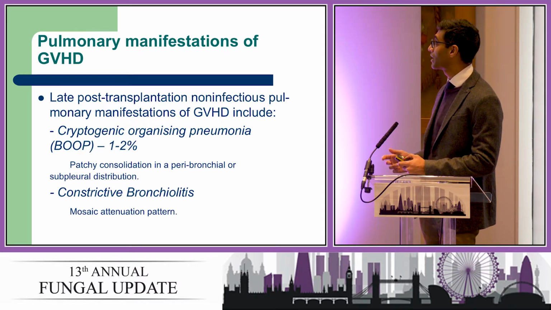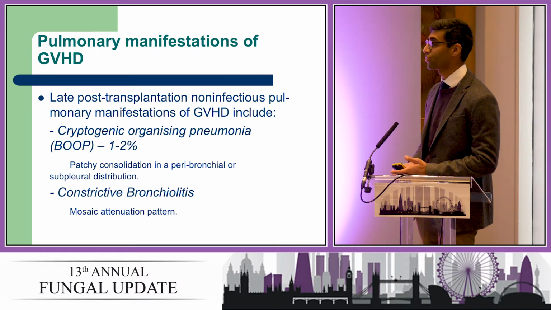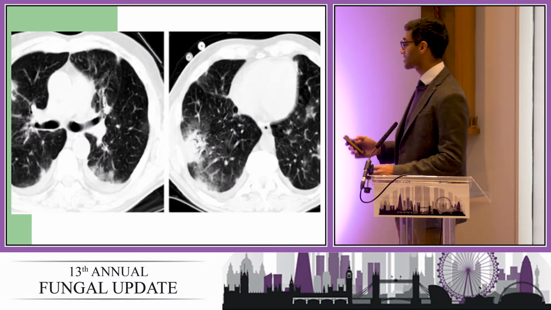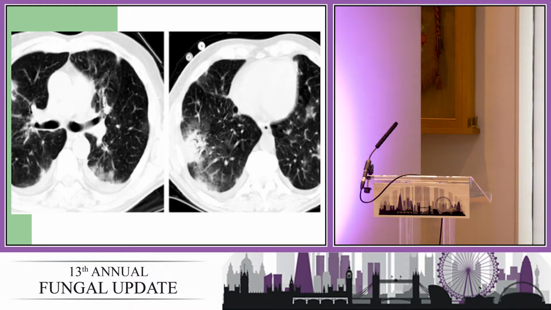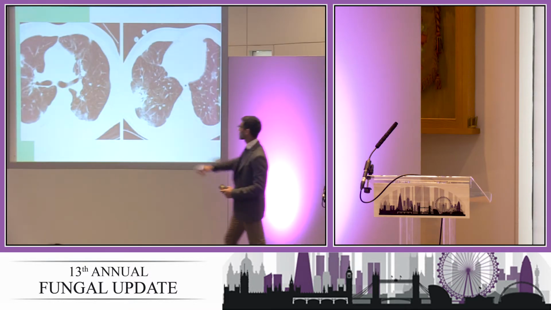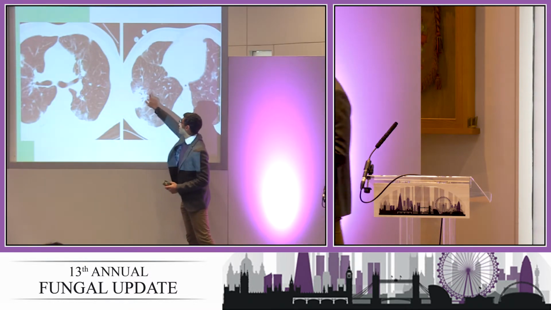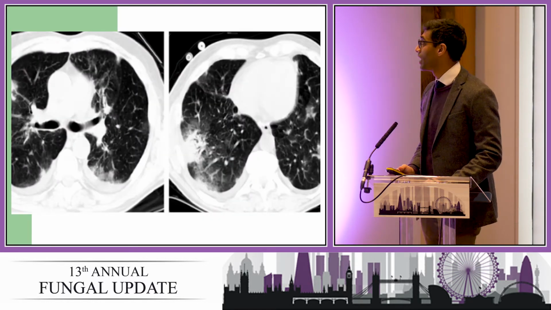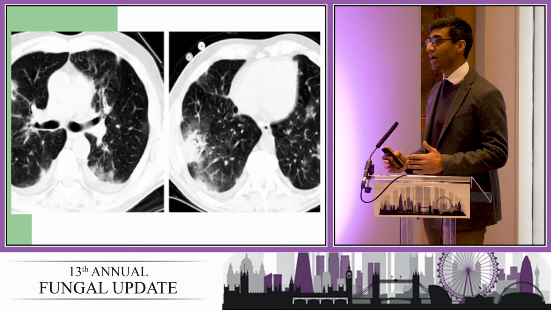The cryptogenic organizing pneumonia can be very similar looking to invasive aspergillosis. So you get pulmonary opacities like we have here with surrounding ground glass halo, which is the hemorrhage occurring in the adjacent lung.